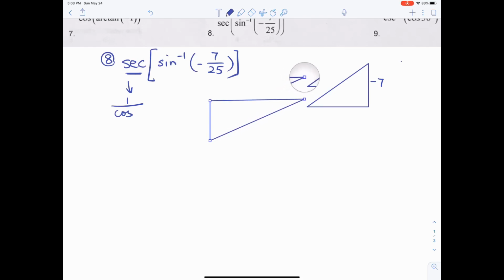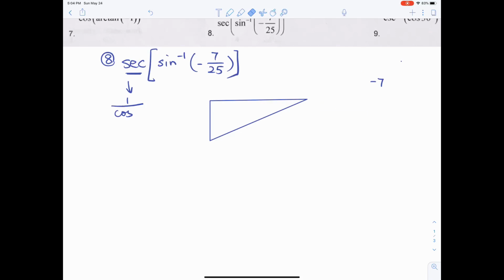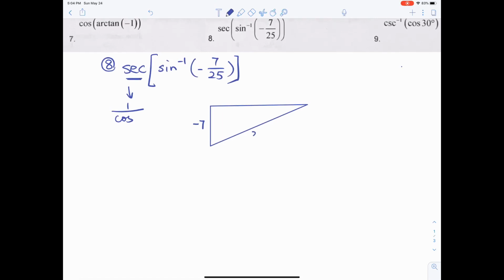Okay, we can draw our picture like this. So this is -7 because the y value is sine, and the hypotenuse is 25, and this is the x value.